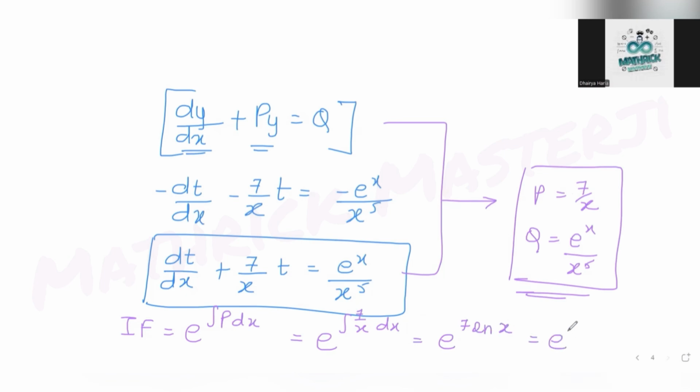So that makes it e raised to natural log of x raised to 7. And e raised to natural log of the function is nothing but the function. So basically it's x raised to 7. So I get my integrating factor turning out to become x raised to 7.